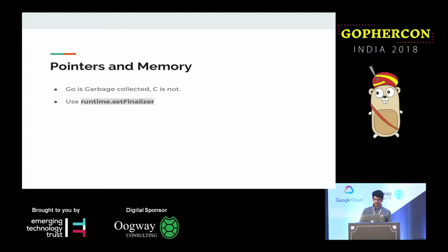But one of the ideas that I like and have used a lot is using runtime.SetFinalizer. That is to wrap C objects in Go objects, so that when the Go garbage collector is called, it will in turn free the C memory as well.